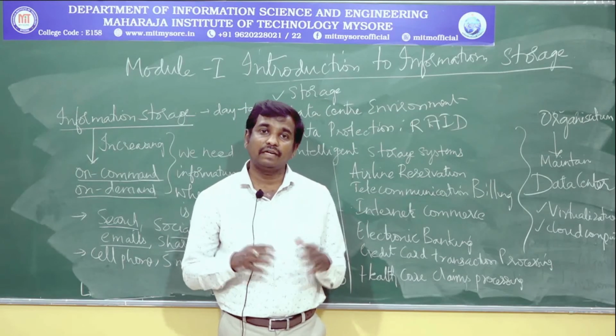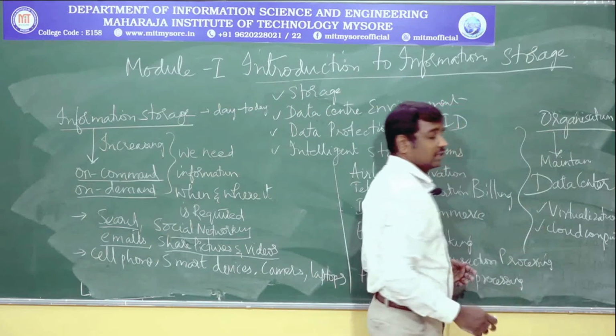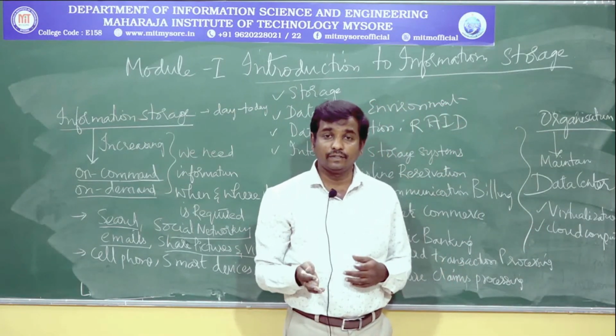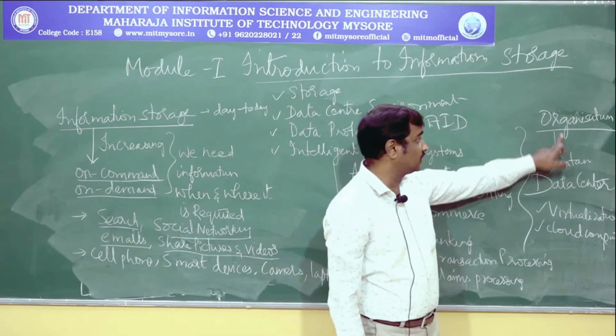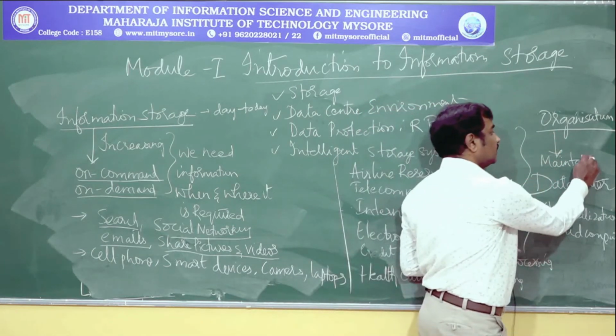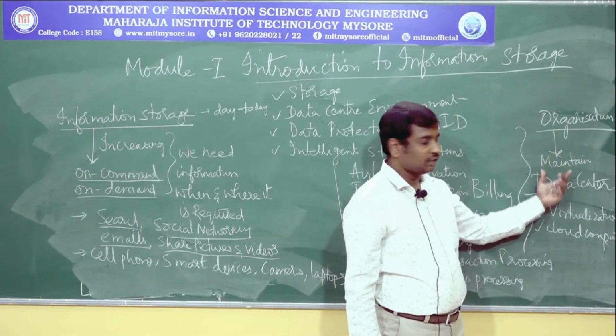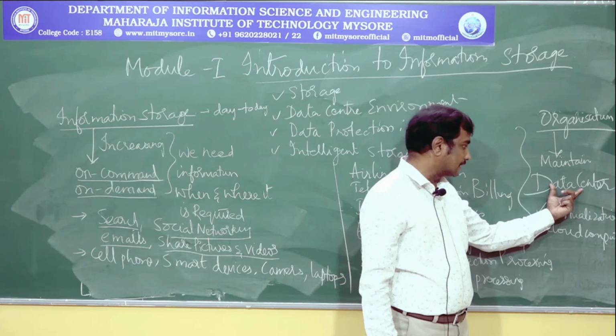For example, if you have a large organization which has to run its business for the end users, in that case it has to maintain its business and it has to maintain the information. That information has to be maintained with data centers.